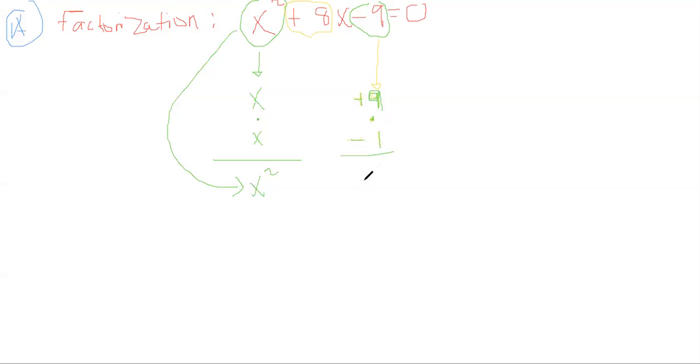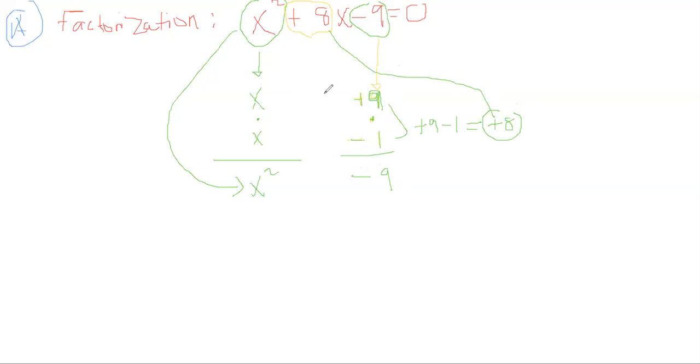This will give us minus 9. But remember, if you add these two, that is plus 9 minus 1, it should give us plus 8. And this plus 8 here is what we have here. So we have factorized this. This is what we mean by factorization. Use factorization to solve this quadratic equation.